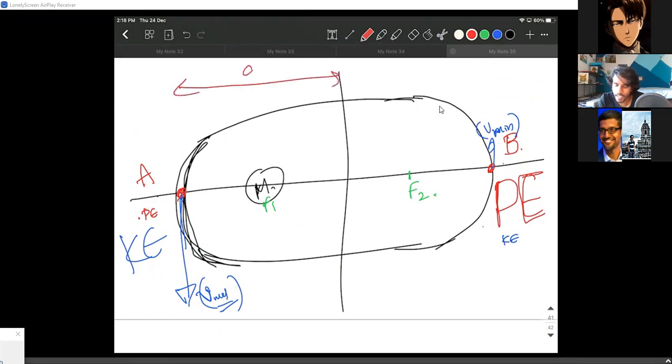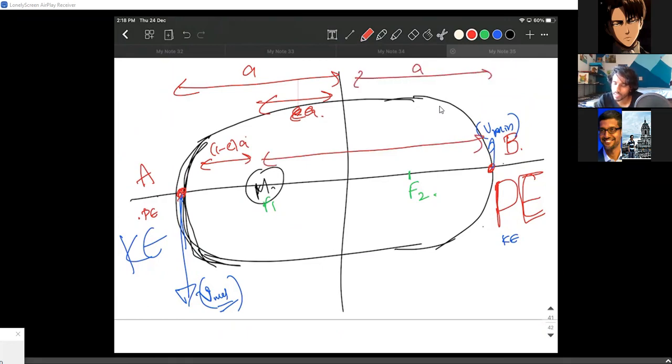A by 2. This A by 2 is EA. So how much is this distance? EA minus A, 1 minus E into A. Yes, sir. So how much is this distance? This is also A, right? So the summation of these two is nothing but this value, which is 2A minus E into A.